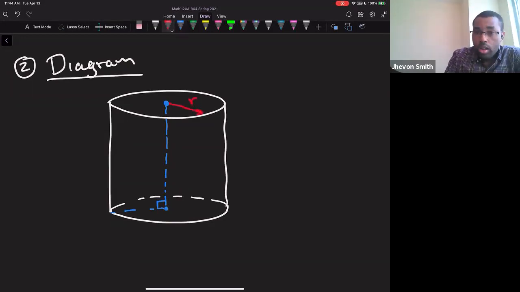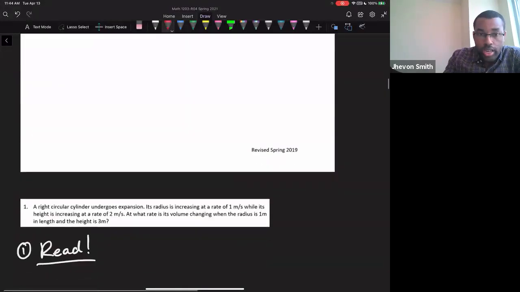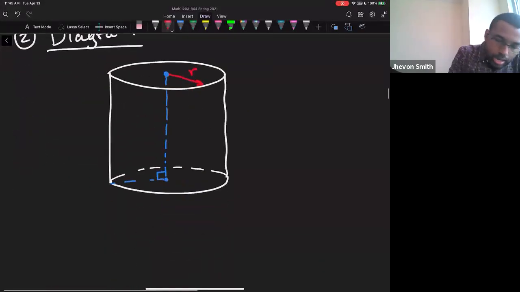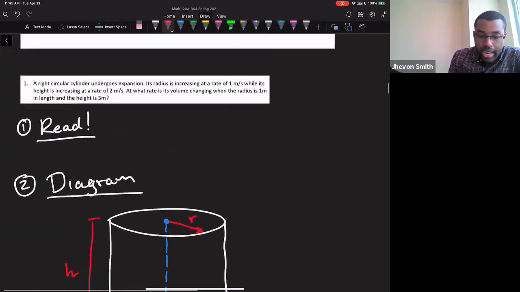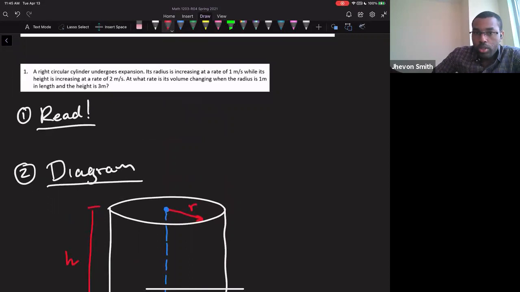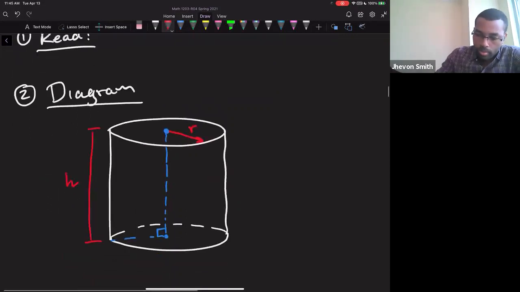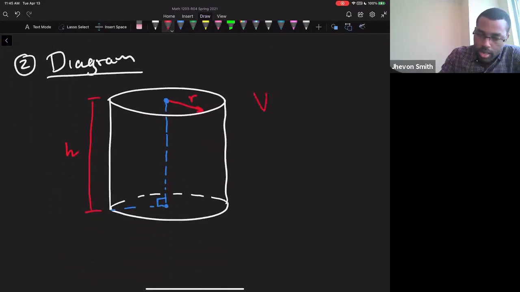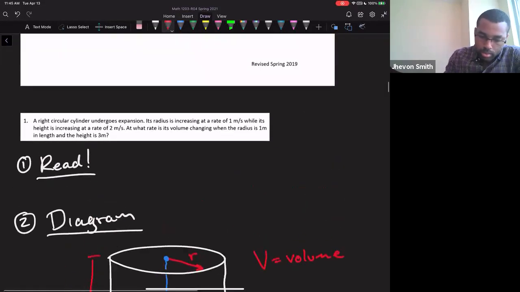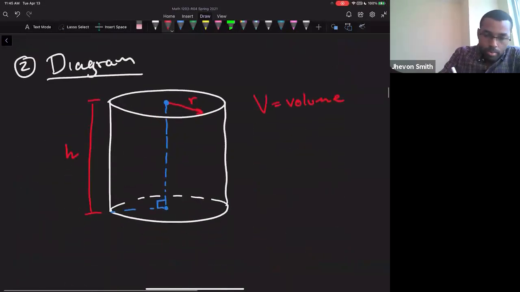Call that R. We call it R because I know the radius is changing. We were told that. And it will have a height. Call that H. I called it H because the height is changing. We were told that. And then, of course, V would be the volume. Okay, so that is our diagram.